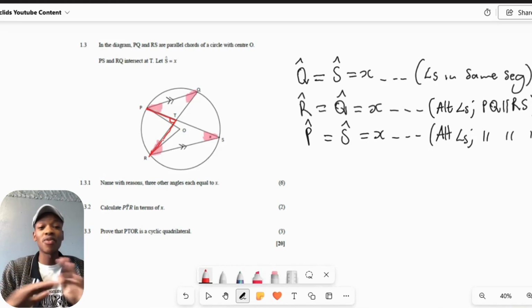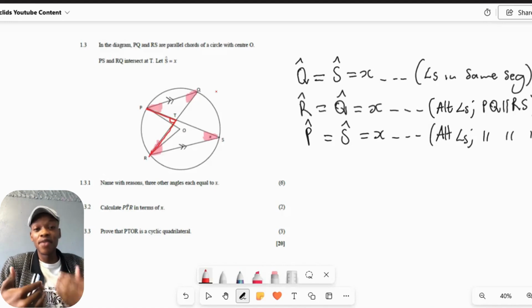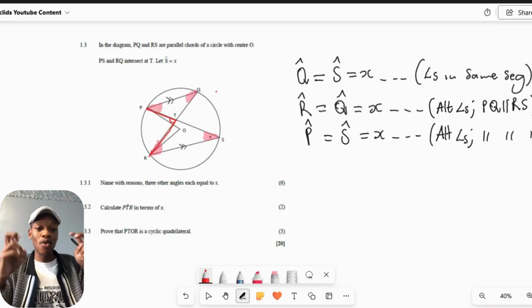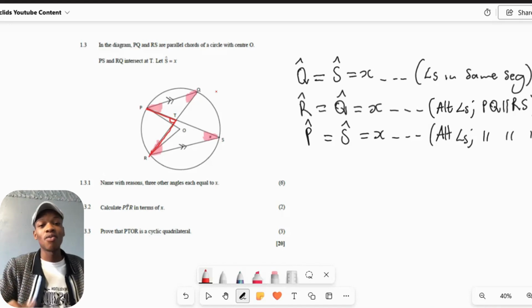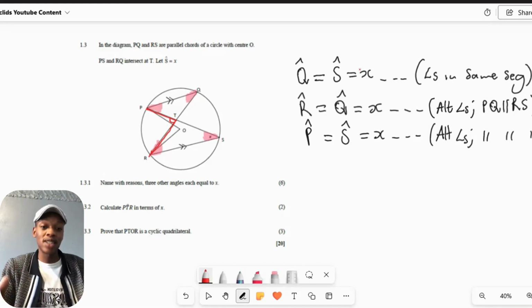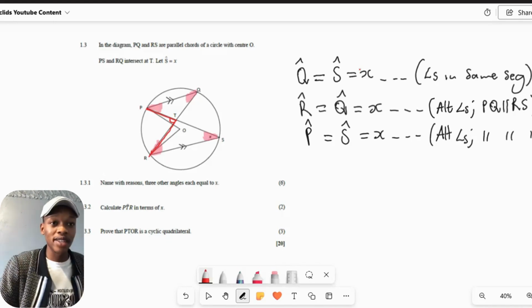That's the only time you can use that. Until we prove PTOR is a cyclic quad, we can't do it. If T and O were on the circumference, it would be the same as what we did before. We didn't even question it because they were on the circumference. I hope you get it.